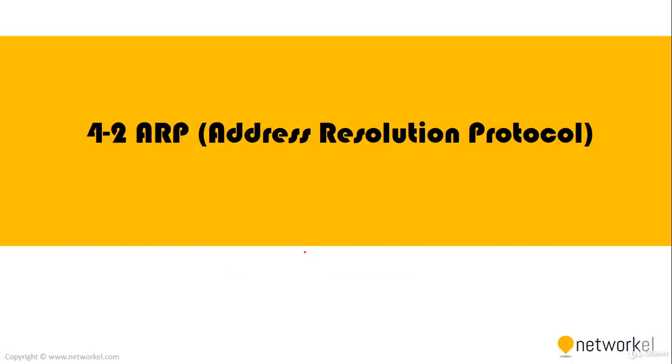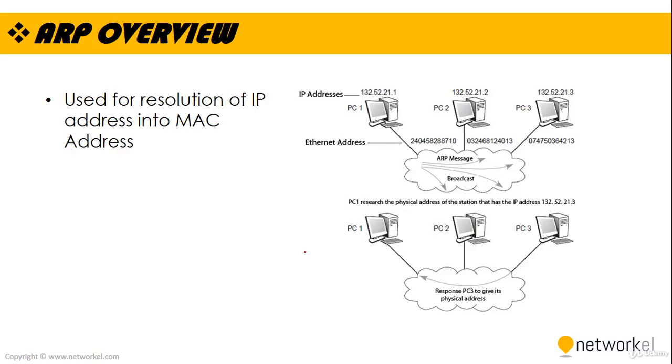Let's go ahead with ARP. Address Resolution Protocol, ARP, is used for resolution of an IP address into a MAC address. An ARP request is made via broadcast to FFFF.FFFF.FFFF, and the ARP reply is made by the related device as unicast. For example, if PC1 sends an ARP request, this message is broadcast.